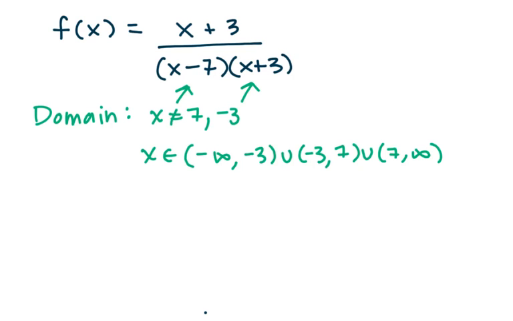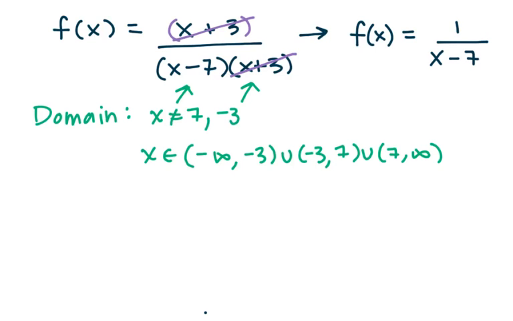Okay, so in this situation, you'll notice we have a factor x plus 3 in the numerator, because that's all grouped together, and an x plus 3 in the denominator. And I can reduce that out. So I have a reduced version of my function here. f of x equals 1 over x minus 7.